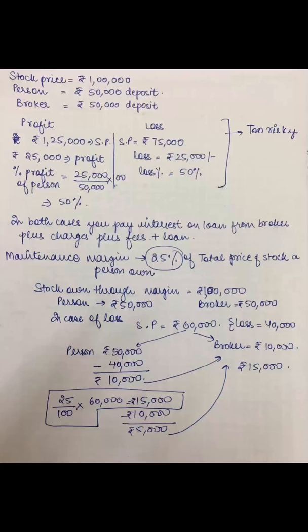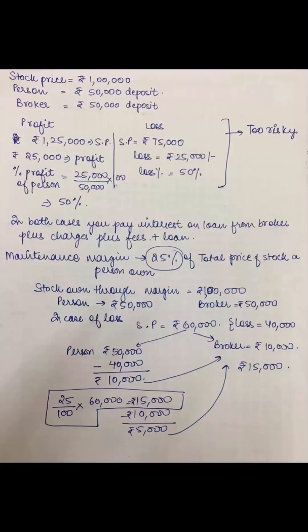So he has to add rupees 5,000 extra to his bank, so that the sum of rupees 15,000 can be given to the broker.